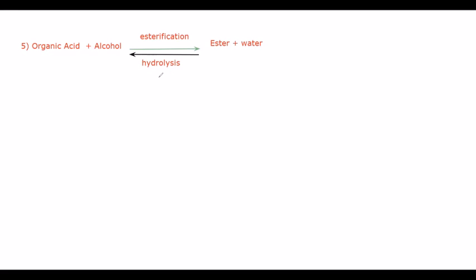So for example, how does this reaction occur? If you have any organic acid, say CH3COOH, plus alcohol, any alcohol, for example you take methanol, CH3OH.